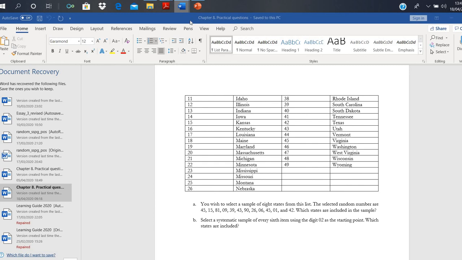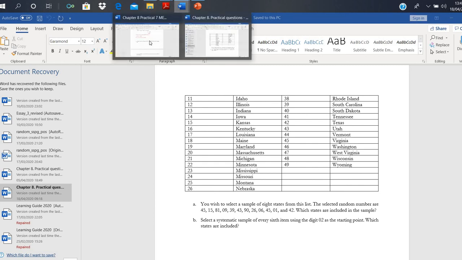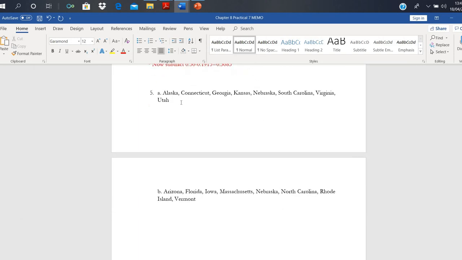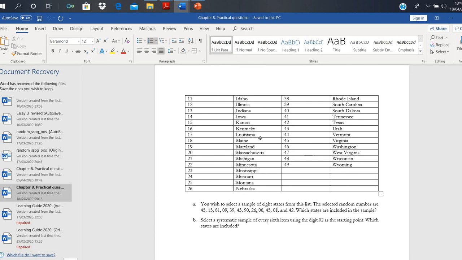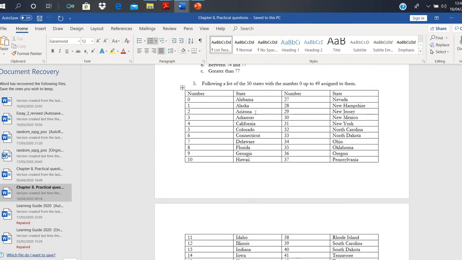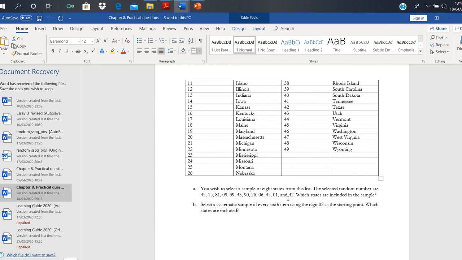Okay, so that is what you have there in your memo. So I have summarized it. So Alaska will be included. Okay, so Alaska, which state is Alaska? So I will go and see. Alaska is state number 1. Why? Because 1 is in the random numbers that were selected.